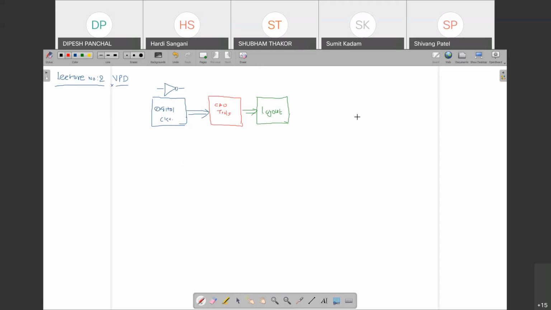Sorry, sir, you are not audible. Why not this layout generation with CAD tools for analog circuits? Because digital circuits are more immune to noise, and various signal processing is also very easy with digital circuits.